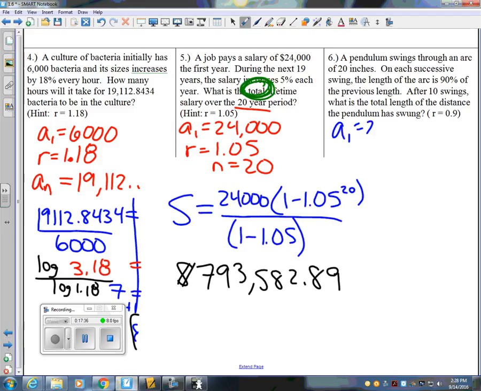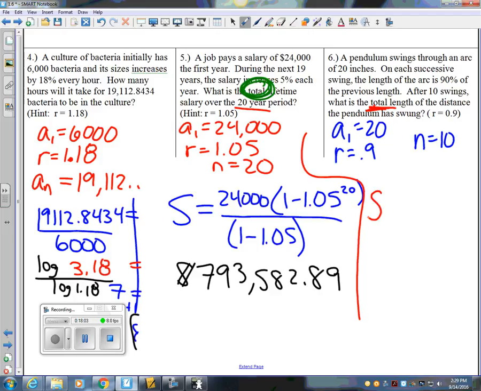Very good. And they already tell you R is 0.9. Daniel, what is the 10 swings? Good. Keyword is total, which means I use the sum formula.